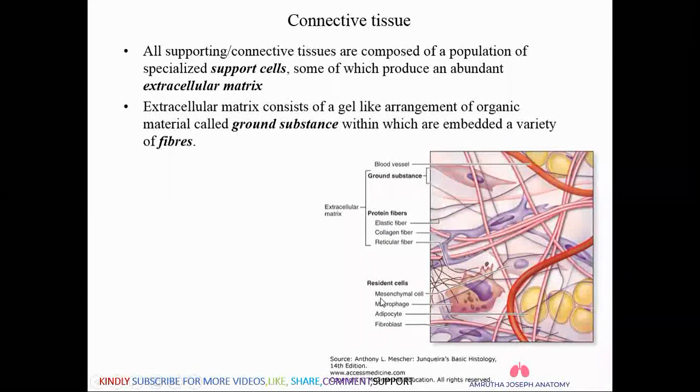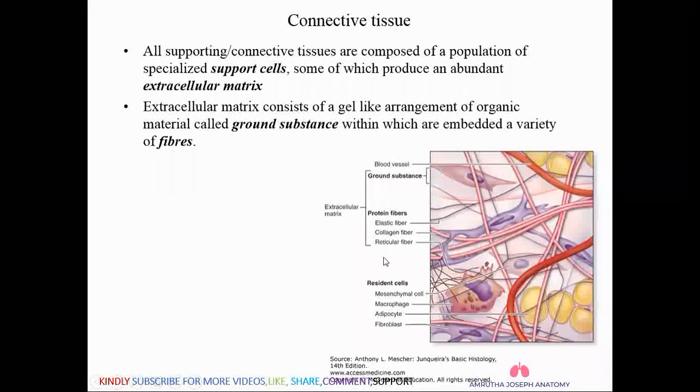Cells like mesenchymal cells, macrophage cells, adipose cells, fibroblast cells. Extracellular matrix consists of two parts: ground substance and the fibers. Now, all of this extracellular matrix is produced by the cells.